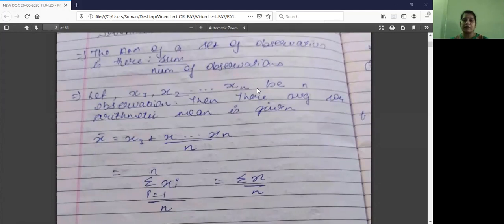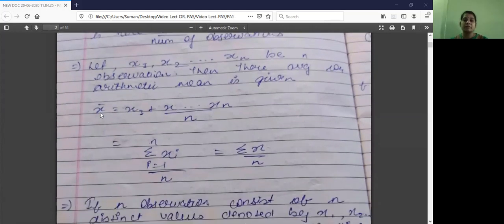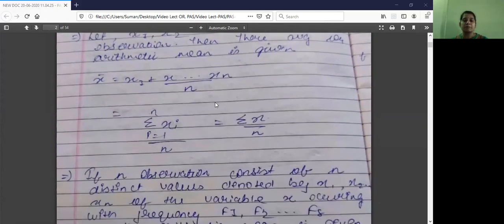We have n terms, so the number of observations is n. Then their average, or arithmetic mean, is given by x bar, and the notation is x bar is equal to x1 plus x2 up to xn, whole divided by n, where n is the number of observations.